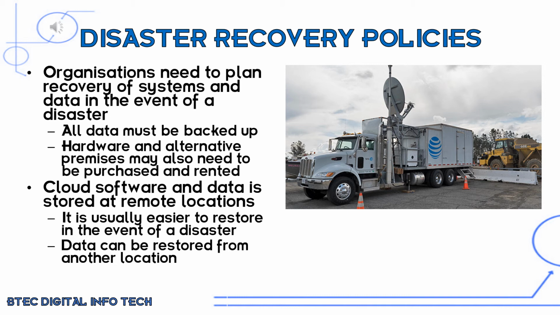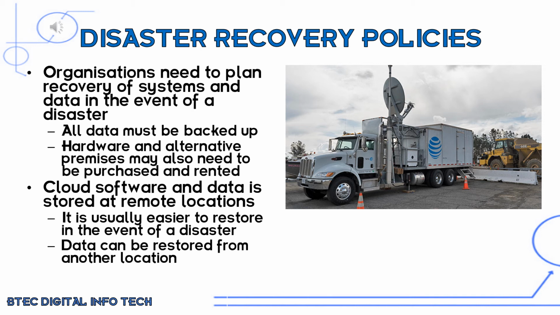For recovery from a disaster, you need to think about how you're going to get back to normal again. The first thing is that you're going to need all of your data backed up. The best place to do this is not in the same place, because if that place burns down or there's an earthquake or something, all the data is going to be lost.